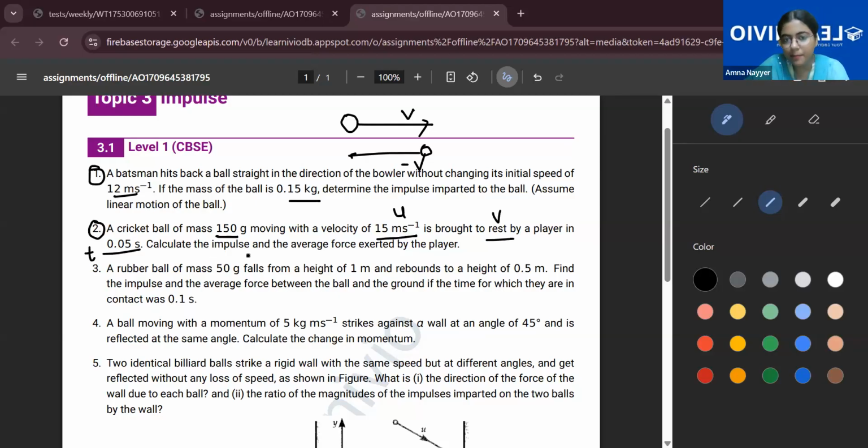It says calculate the impulse and the average force exerted. So see, you have initial mass and initial velocity, and this is the final mass and final velocity. So you will get change in momentum. That will give you the impulse. You divide it by this time. That will give you the force. Now coming to the third question.